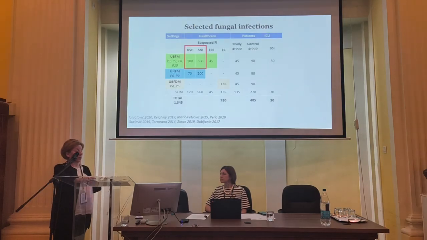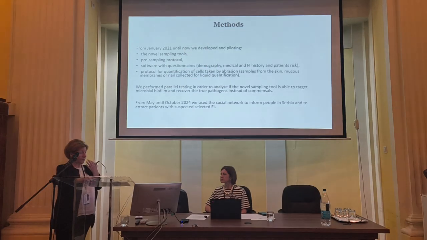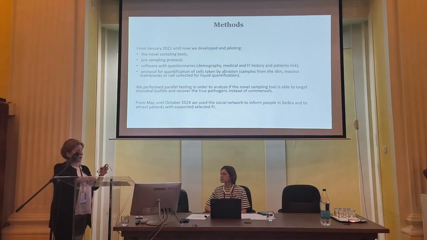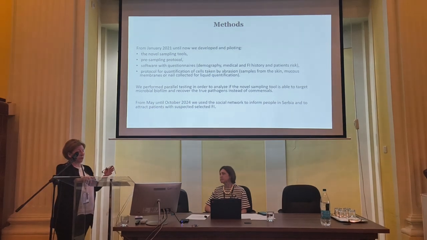We have 4 groups of patients: vulvovaginal candidiasis, chronic sinusitis, onychomycosis, and stomatitis, and we collected a number of patients.